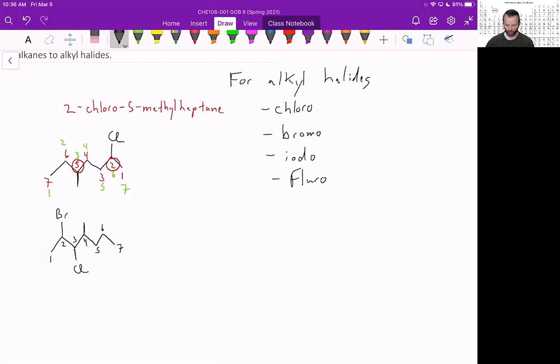Bromo, B comes before C. So we assemble the name 2-bromo, 3-chloro, 4-methyl, heptane would be how you would name that. Very similar to alkane nomenclature. You just need to know what prefix is proper to use for the halogen.